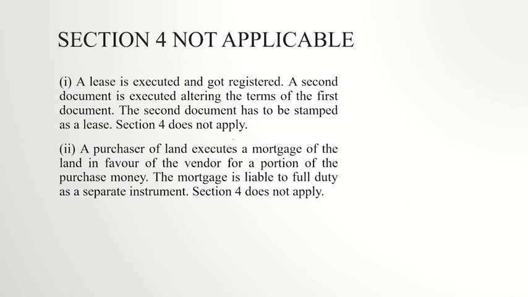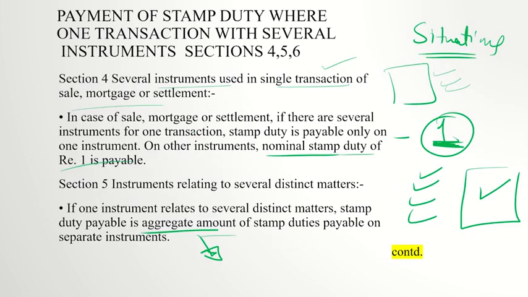When is section 4 not applicable? A lease is executed and registered. A second document is executed altering the terms of the first document. The second document has to be stamped as a lease. This is very important. At that time we cannot take shelter under section 4. So if we go back, payment of stamp duty under section 4 applies to several instruments used in a single transaction.